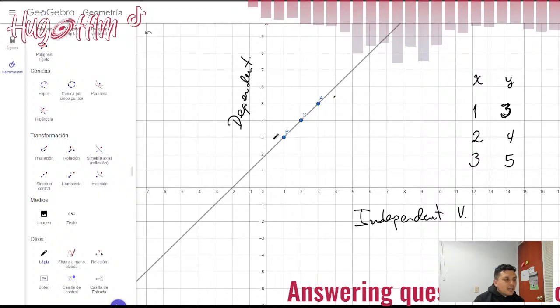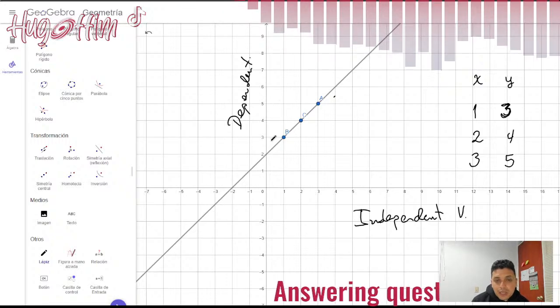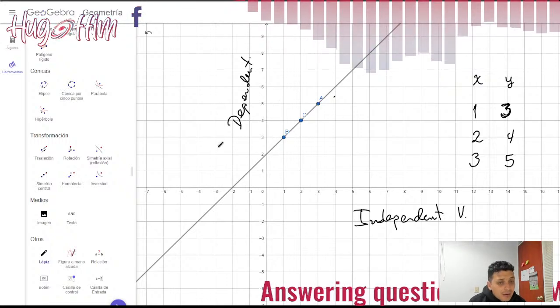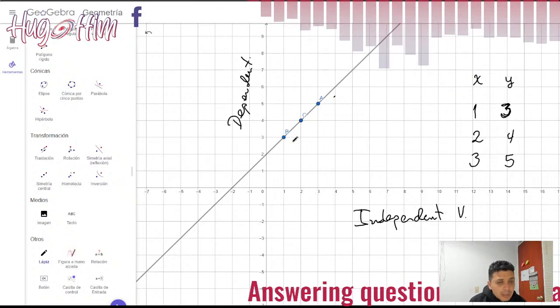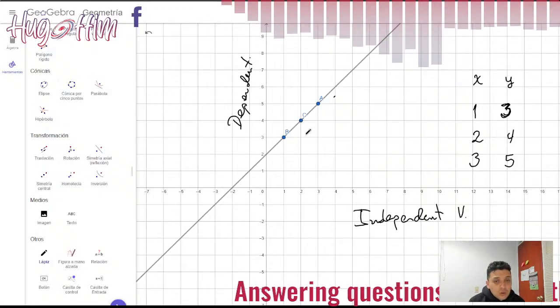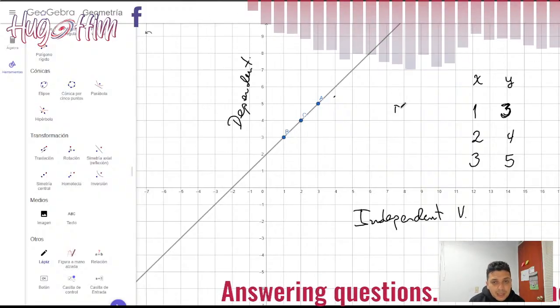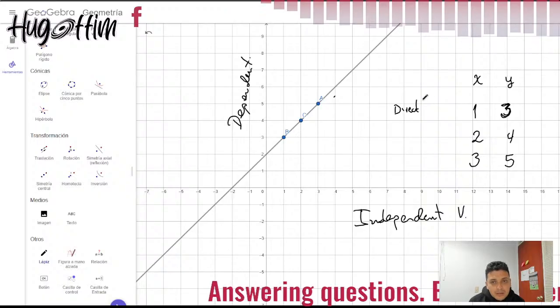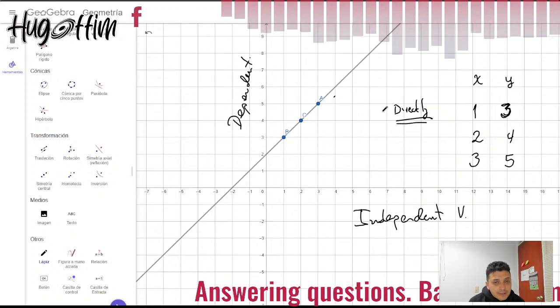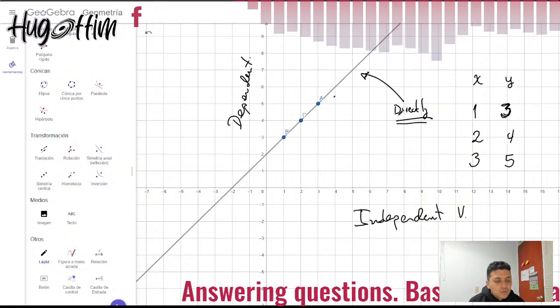How can I know if a relation is directly proportional or not? If you're in a graph and plot the points, the first rule to know if they are directly proportional is that they have to match with a straight line.